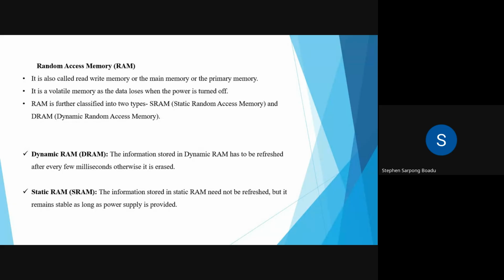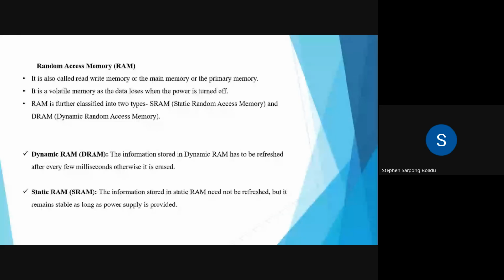Just as I mentioned earlier, once you turn off your PC, any data that is stored on the RAM will be gone, right? That is when we say it is volatile. The RAM is further classified into two types: the static random access memory and the dynamic random access memory.